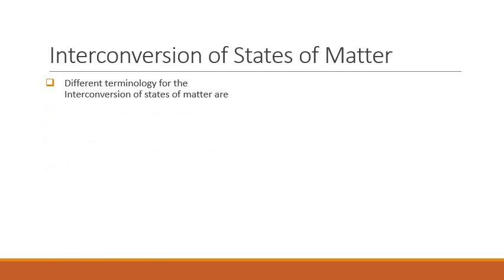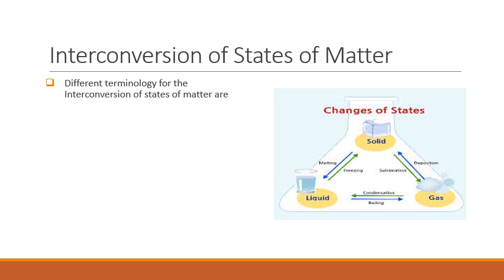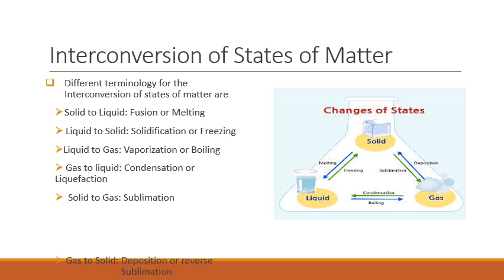Now let's see the different terminologies for interconversion of states of matter. When a solid changes to liquid, that process is known as fusion or melting. So conversion of solid to liquid is called melting or fusion.